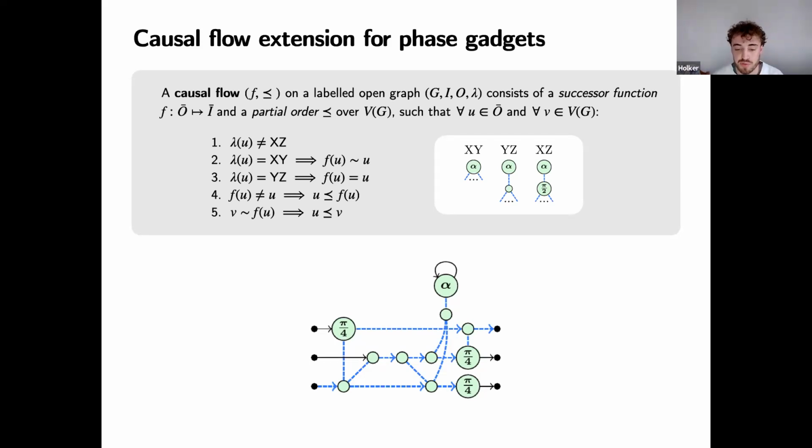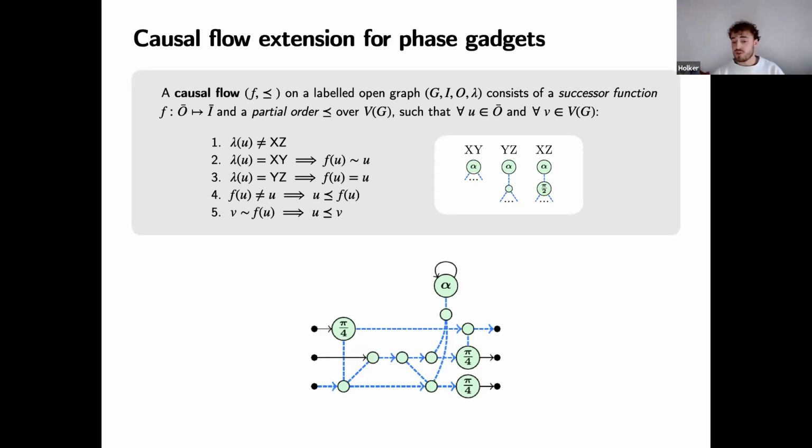And the way this works means that as you extract the circuit, the phase gadgets can always be extracted using phase polynomial synthesis, and they are always pulled out at the same point.